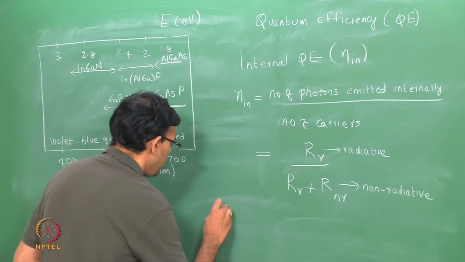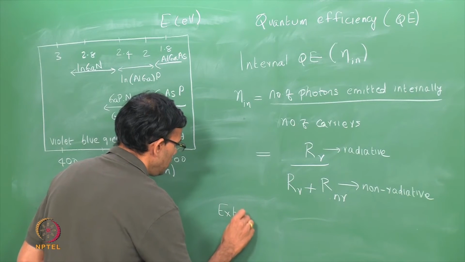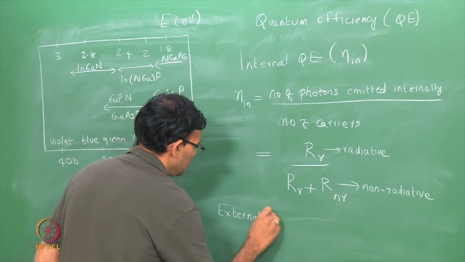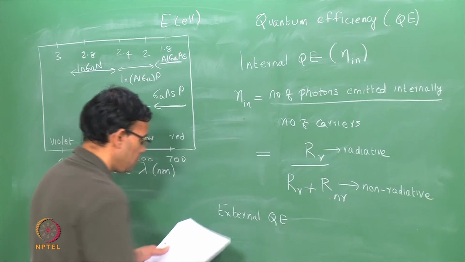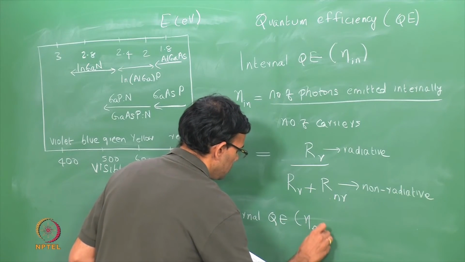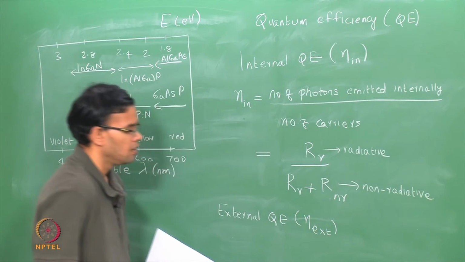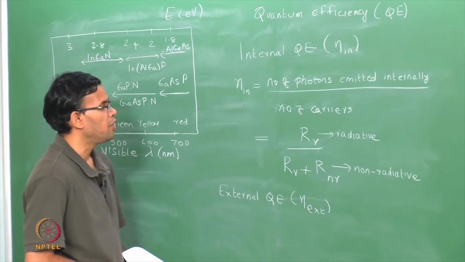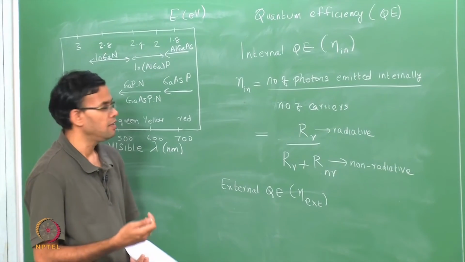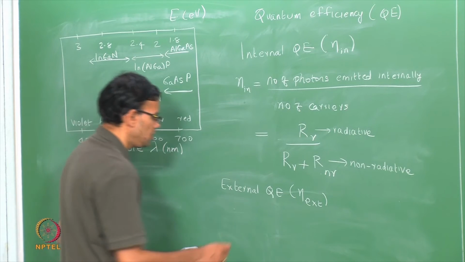You can also define an external quantum efficiency. This is nothing but the number of photons emitted externally divided by the number of carriers.